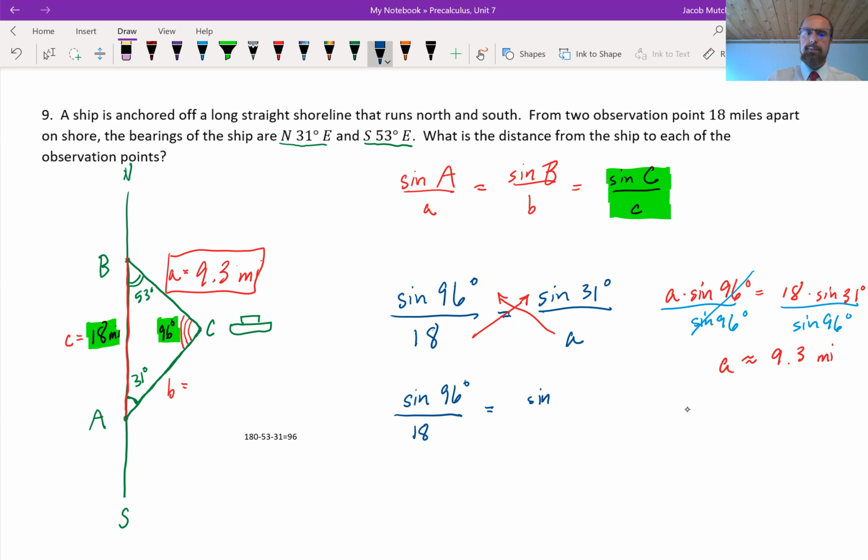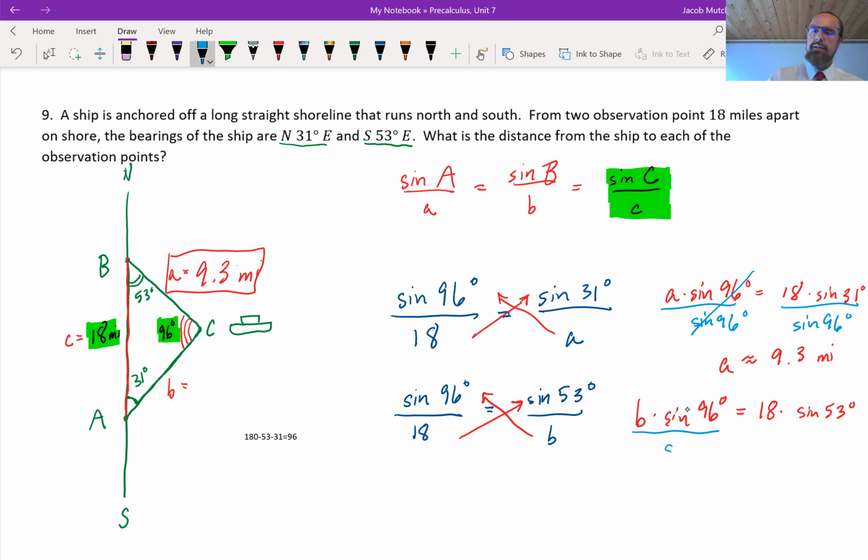So it's sine of angle B, 53 degrees, over the length of side B. Once I've got that set up, it's again cross multiplying. So that gives me B times sine of 96 degrees equals 18 times sine of 53 degrees. And just as in our first calculation, I'm going to divide by the sine of 96 degrees. That'll cancel here on the left, and we can now solve for side B.